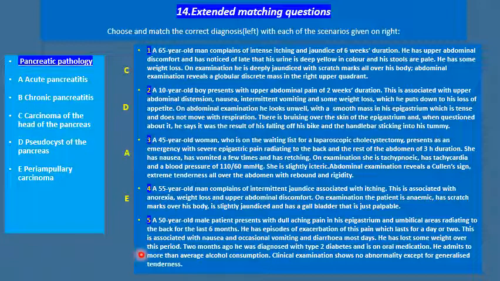He admits to more than average alcohol consumption, and the clinical examination shows no abnormality except for generalized tenderness. What is the right diagnosis for this patient? And the answer is B. Chronic pancreatitis. And these are the answers to the various scenarios.